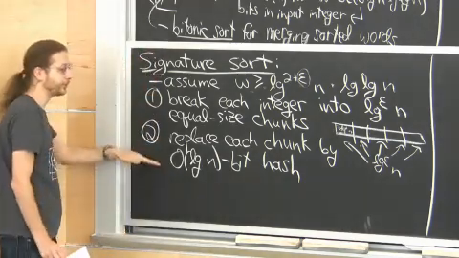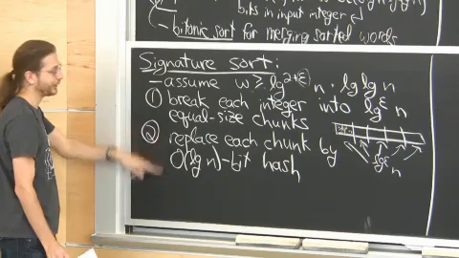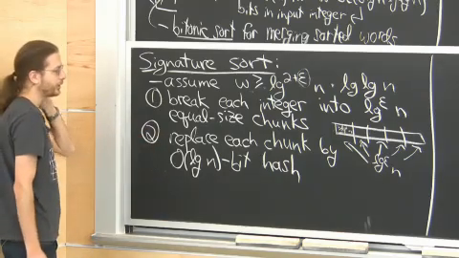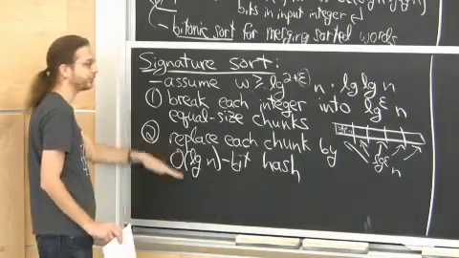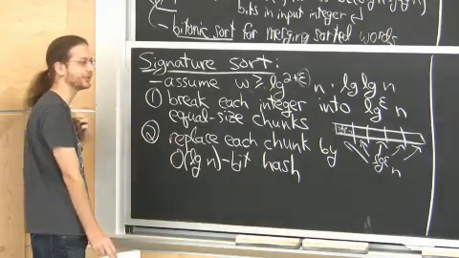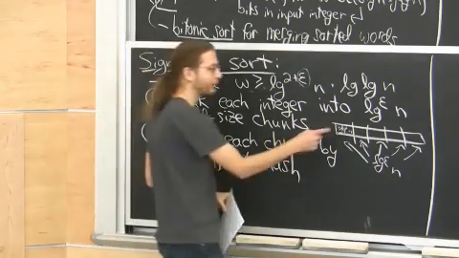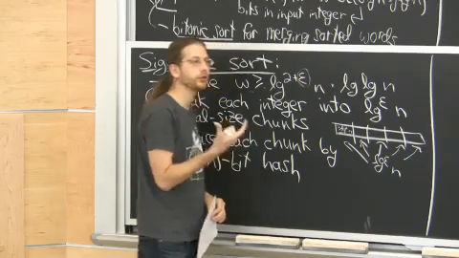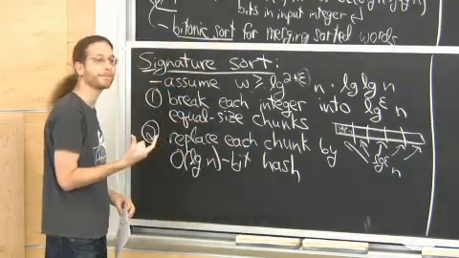So I'm omitting a couple things here. One of them is, all right, I want to do this in linear time. Everything has to be in linear time. So one fun part is I have to compute the hash value of all of these digits in a single word in constant time.